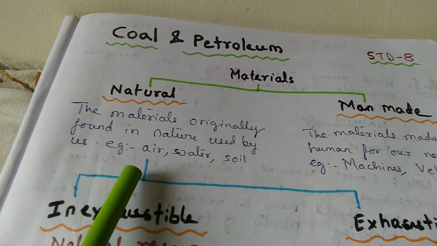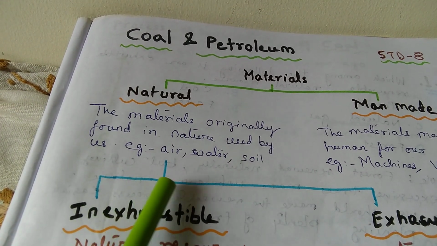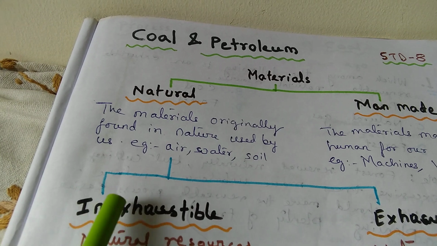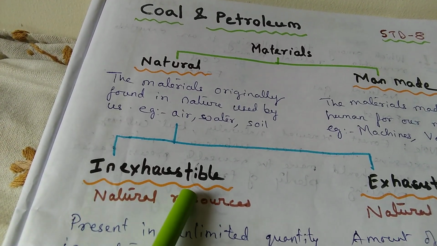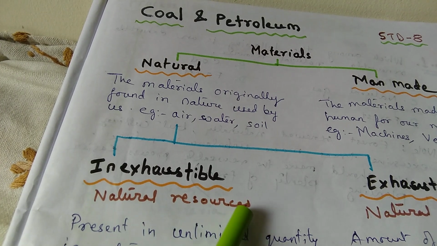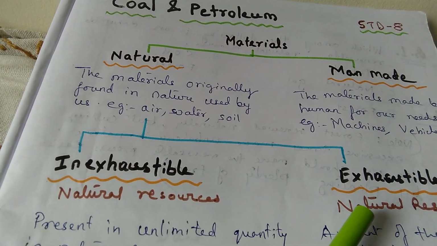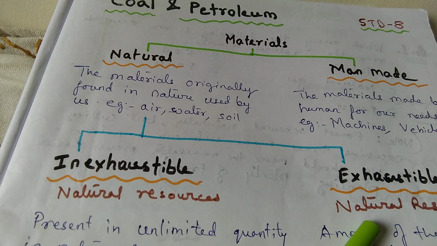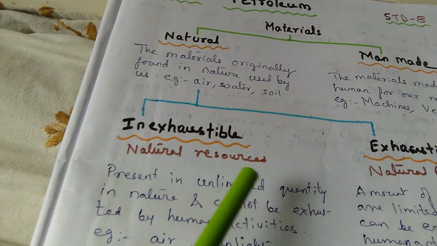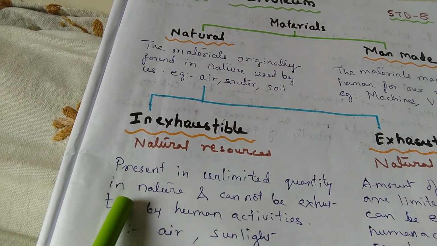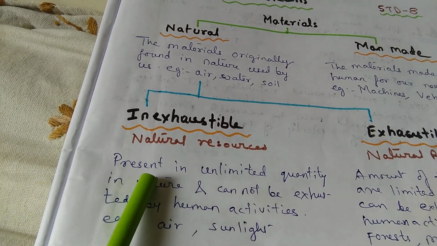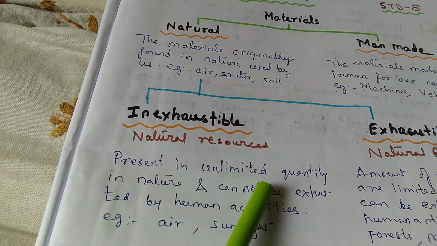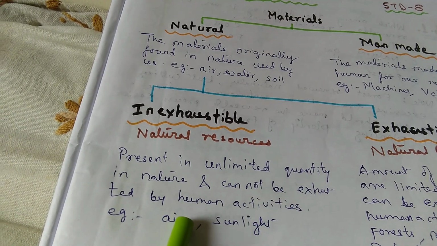Now, natural materials are again subdivided into two groups: inexhaustible natural resources or materials, and exhaustible natural resources or materials. Okay, so what are inexhaustible natural resources? These are those materials which are present in unlimited quantity in nature.